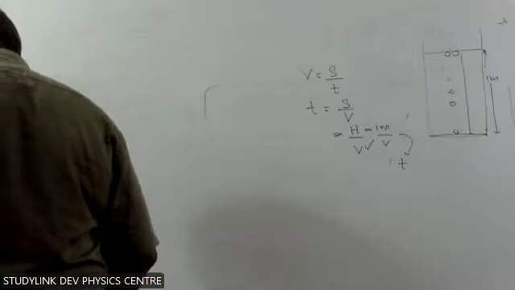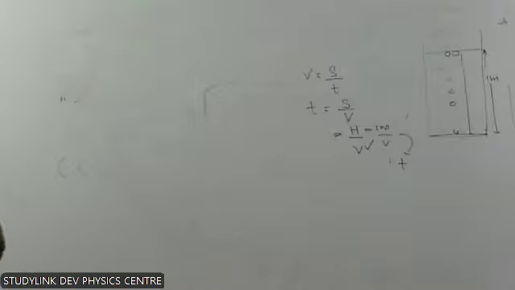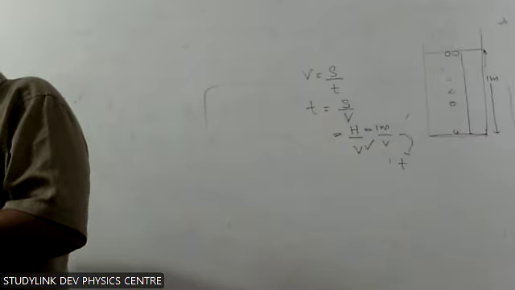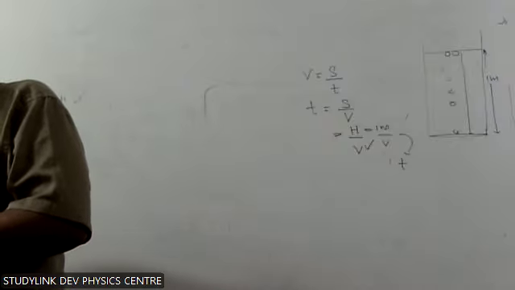They are asking, if the radius is different, the second one, what is the time taken to reach? Then you can find it the same way, only the radius is different.